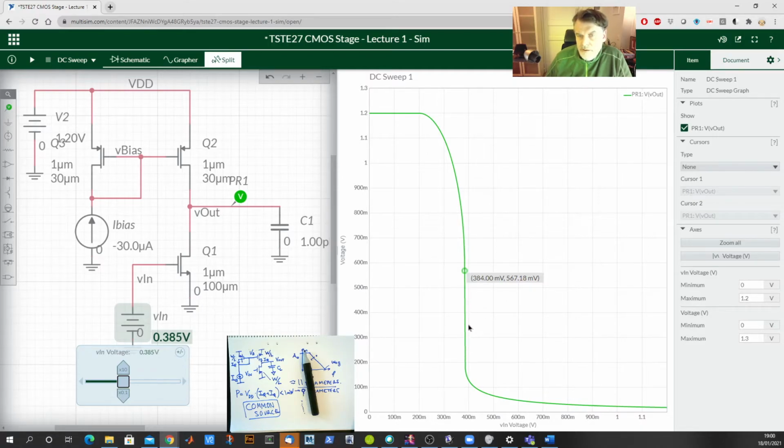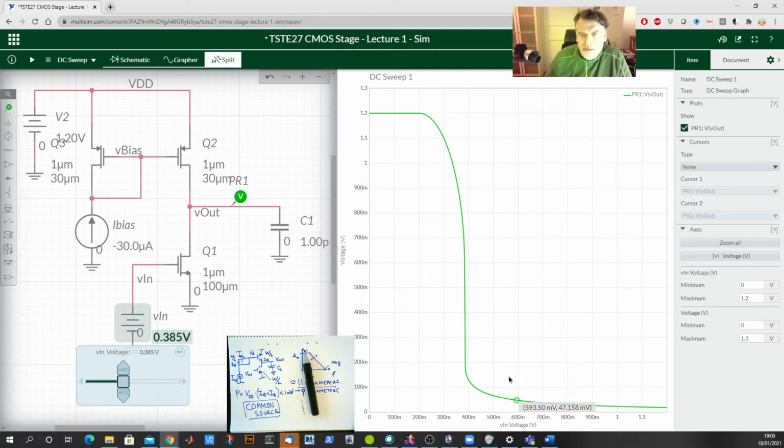We have a very, very steep transition here, or tangent of the curve. So the slope of the curve is my AC gain. So going up this curve, reducing the input voltage, also decreases the gain because the slope is less. And going in this direction, I also decrease my gain because the slope gets worse here.